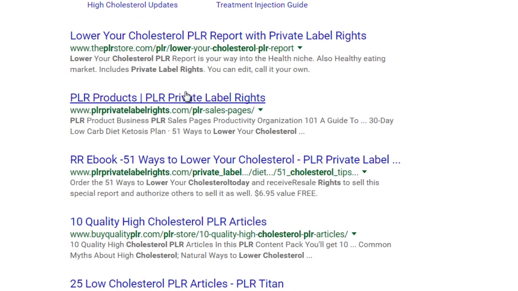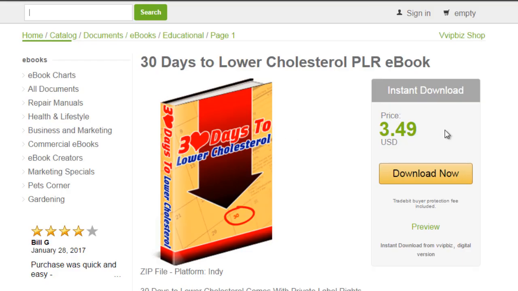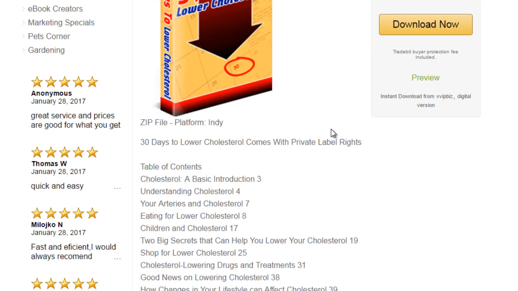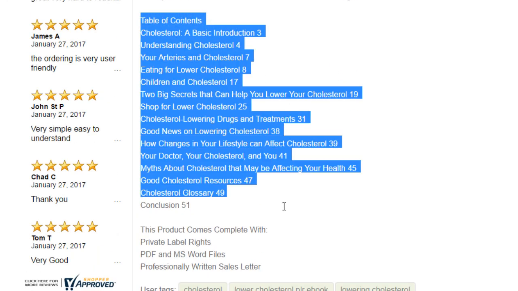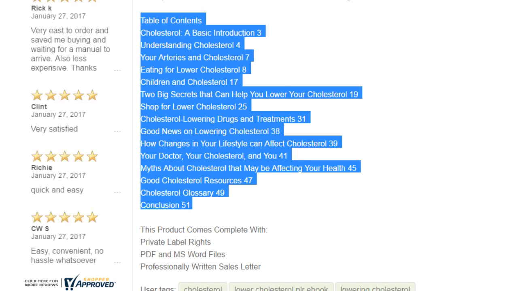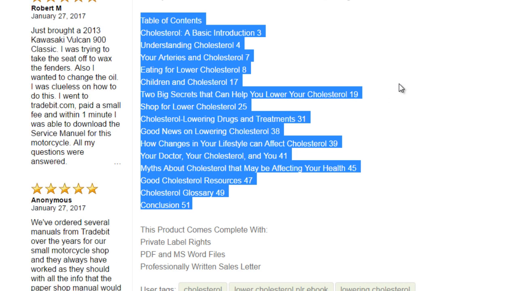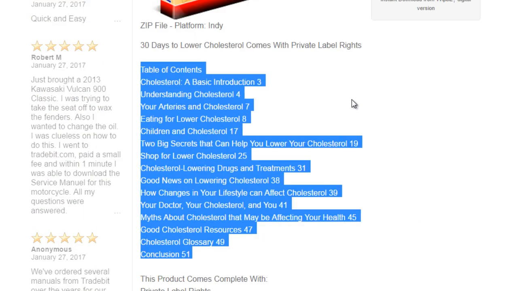Same thing, same acronym. And you can see that this is $3.49. It's 30 days to lower cholesterol, PLR ebook. And you want to make sure that you see what's inside the ebook. Now, I can't say for everything. Some ebooks are created with tons and tons of high quality, and some are created and they're not really good quality. So you really have to pick and choose. I mean, it's not really expensive.